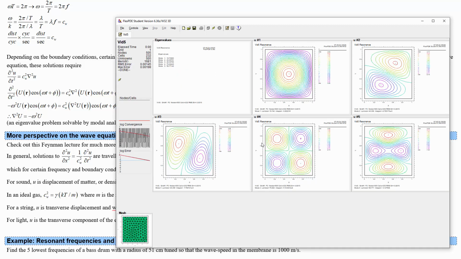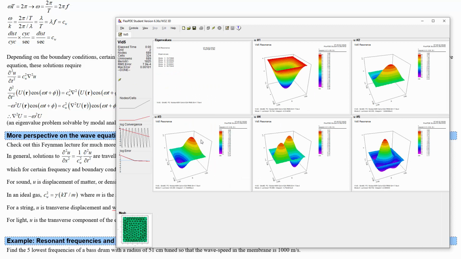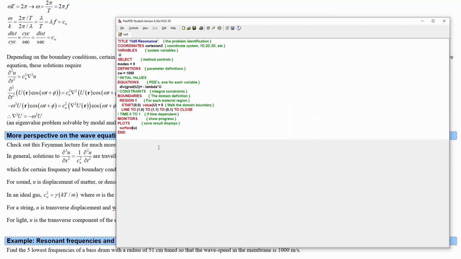We've got some resonant modes. We can set a surface plot rather than a contour plot and see what the resonant modes of this drum head would be in kind of a nice visual representation here. And we can next just set up what the actual shape of this would be.